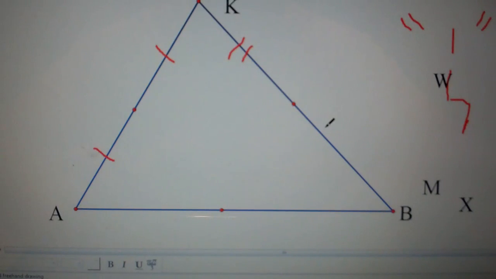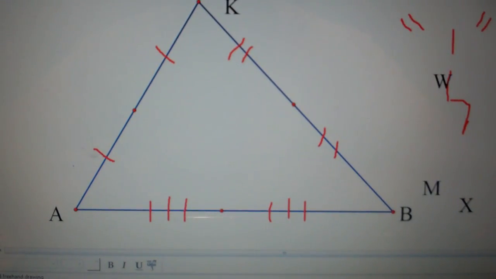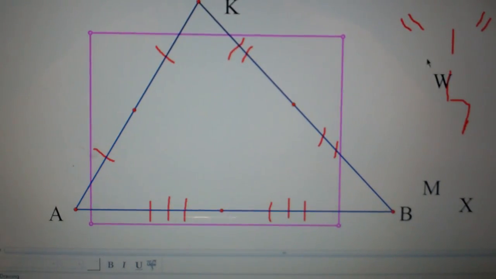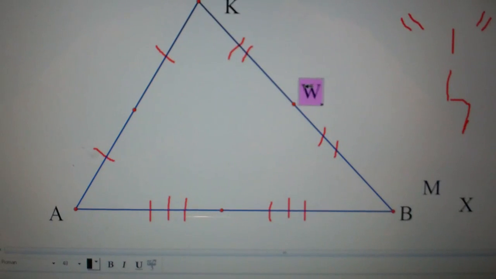So this is congruent to this, and this is congruent to this. All those are midpoints. We can name those points if we like: W, M, and X.